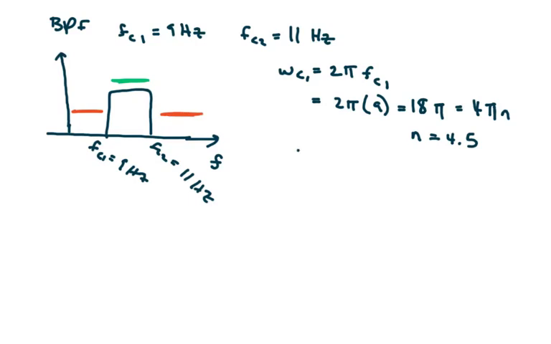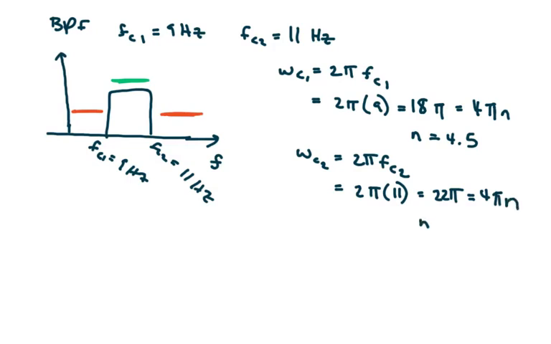Similarly for the other cutoff frequency, which equals 22 pi, n is 5.5. So what this is telling us is the only signal that's passing is when n is between 4.5 and 5.5. Now we only use integers of n, so that only leaves us n equals 5.